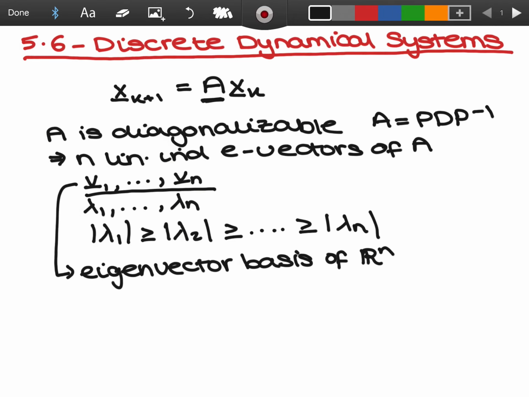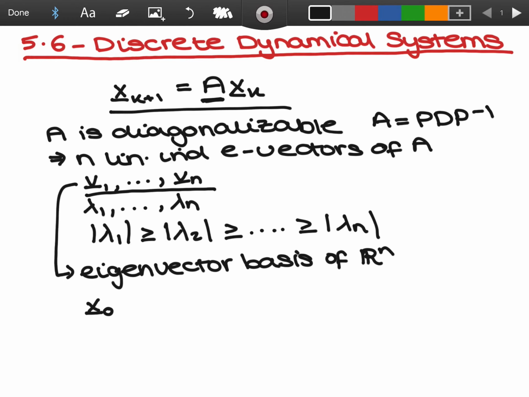So because v1 through vn forms a basis for Rn, I can write any vector I want as a linear combination of them. So what I'm actually going to do, because we want to eventually end up with this linear system, is take my initial vector x0 in Rn. x0 is going to be an n by 1 vector.